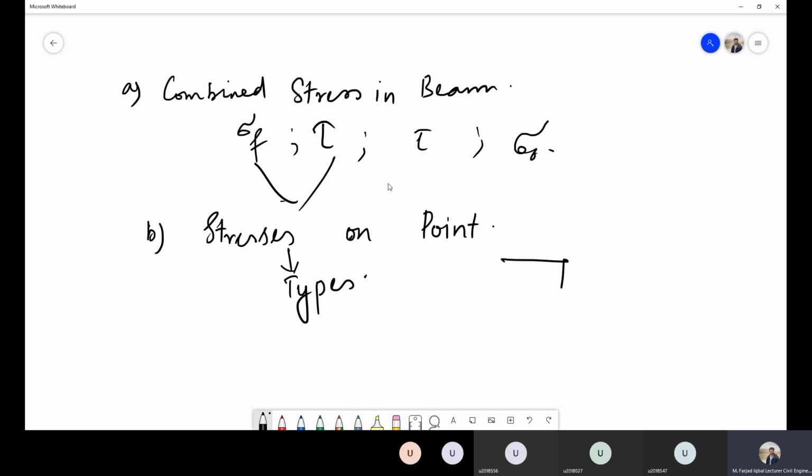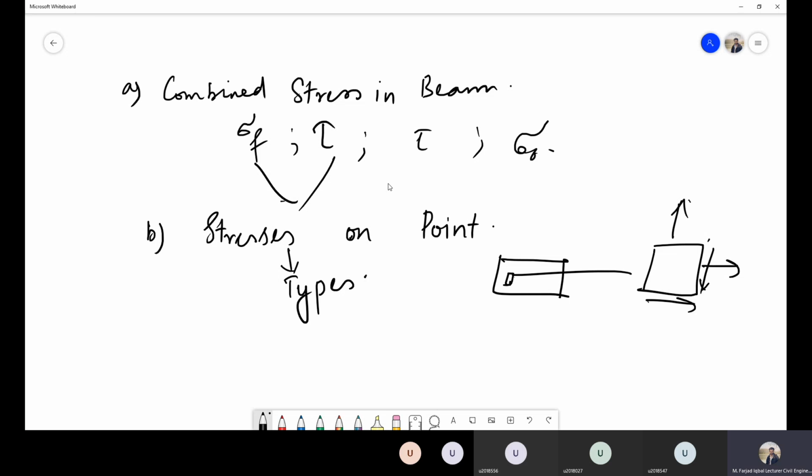For example, if we have a beam element and this is one small section on this beam element, we will study the different types of stresses acting on this element. On this element, for example, these are the normal stresses, and these are the shear stresses which are acting on this element.